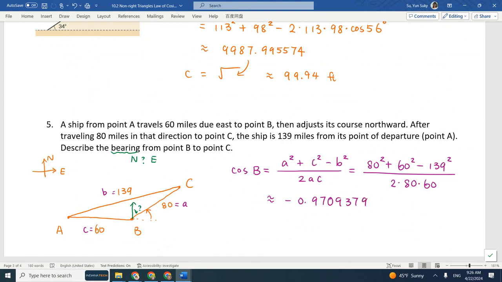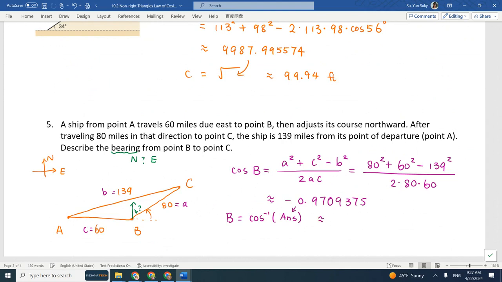Like that? Yes? 5. Thank you. Okay. Then B is the cosine inverse of our answer from the previous step, right?